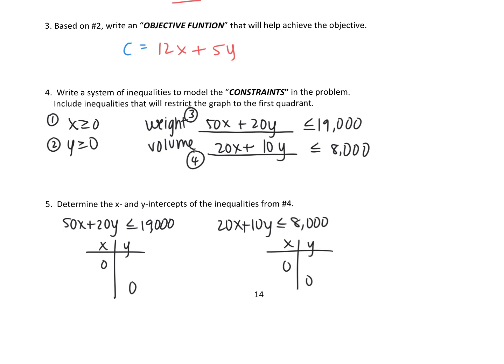If we plug in a 0 for x for this first one, we get 20y is equal to 19,000. So if we divide by 20, we get y to be 950. If we plug in a 0 for y, we get 50x is equal to 19,000. Divide by 50, which gives us 380.